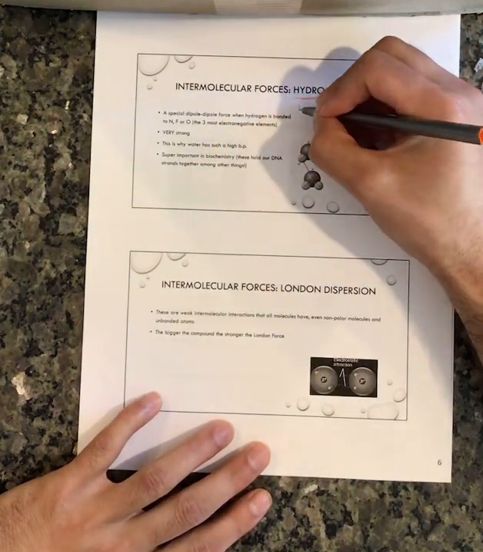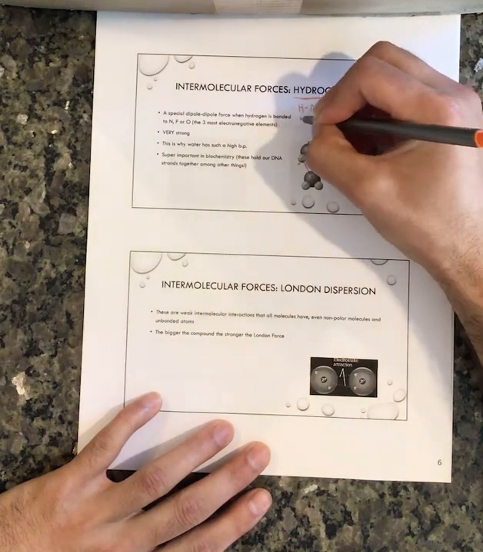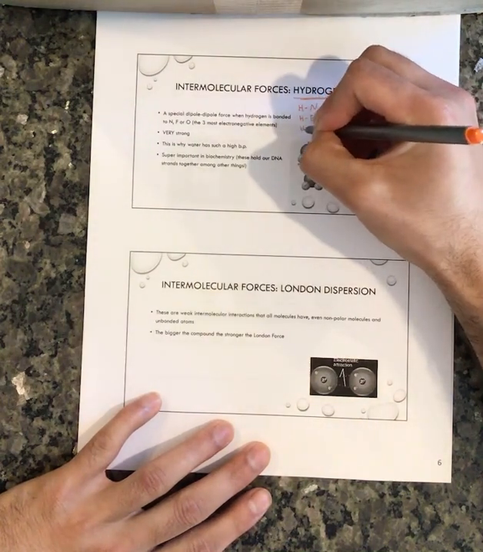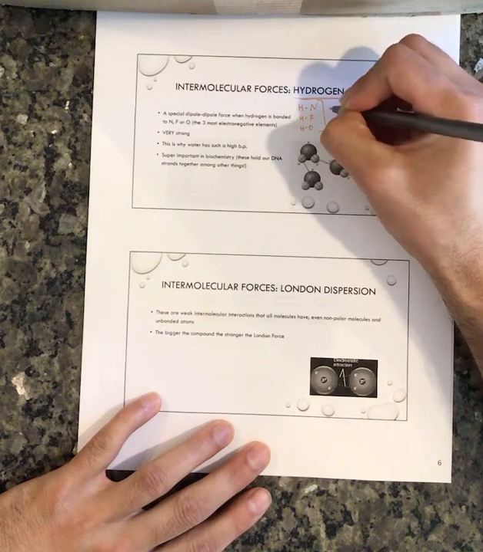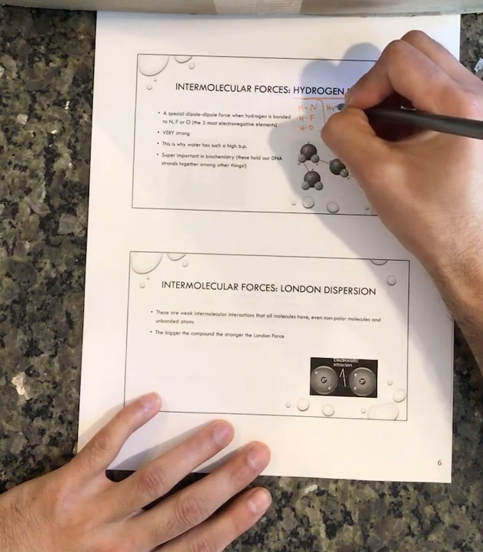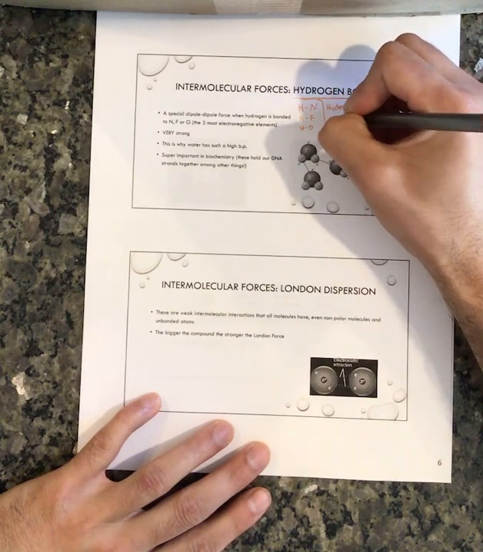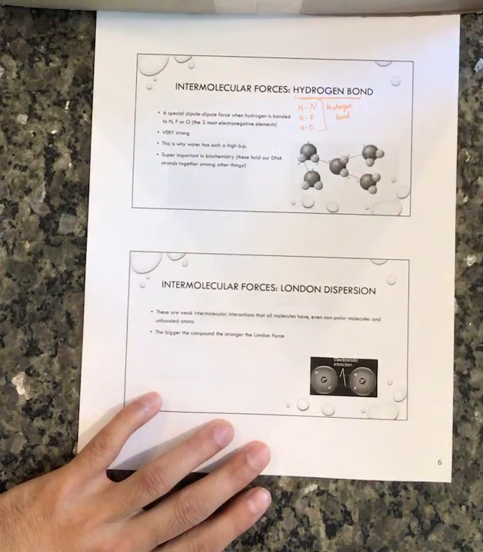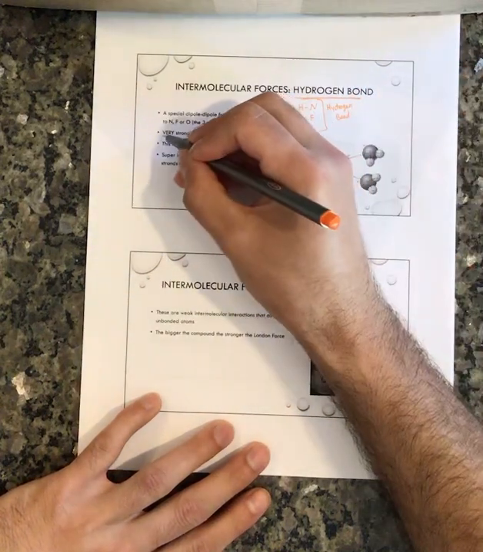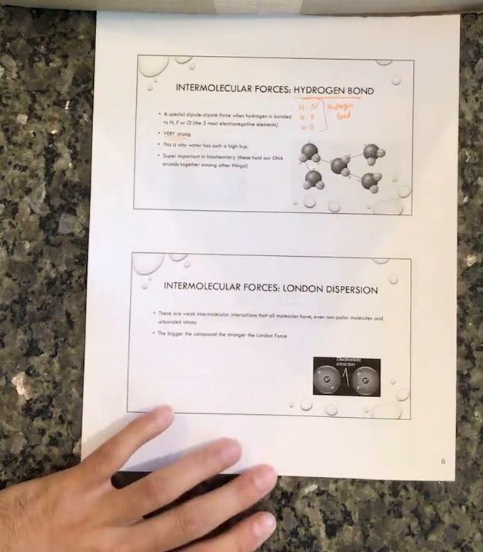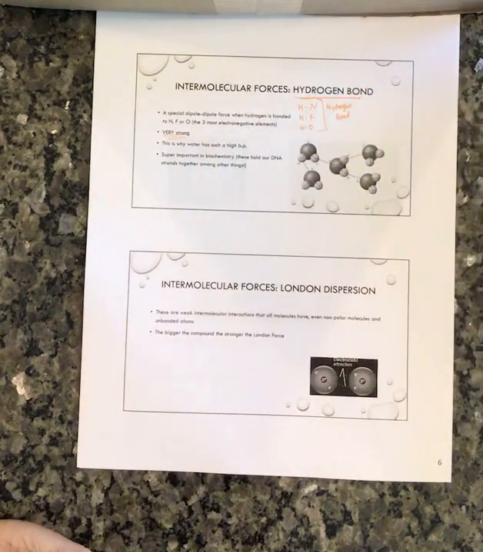So if you get a hydrogen to nitrogen, hydrogen to fluorine, or hydrogen to oxygen bond, it's a hydrogen bond. That's what we call this. This is the strongest one, and this is why water has a high boiling point.